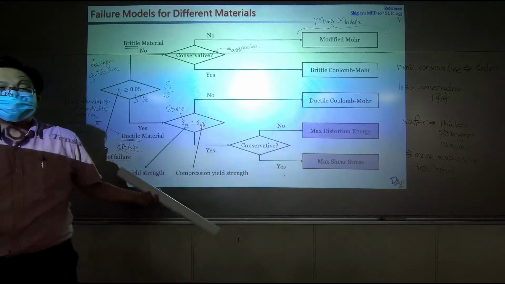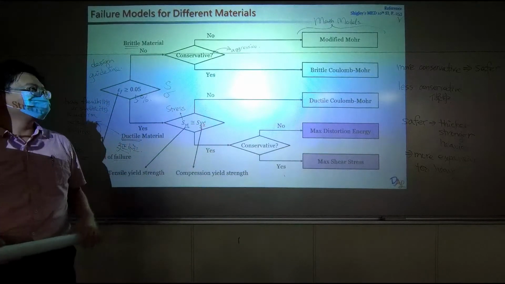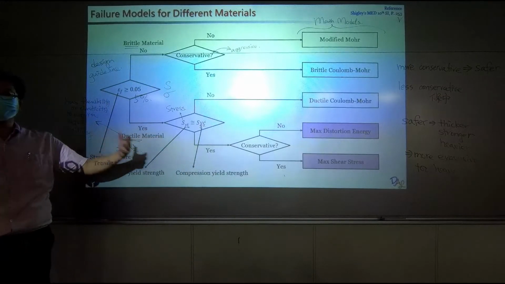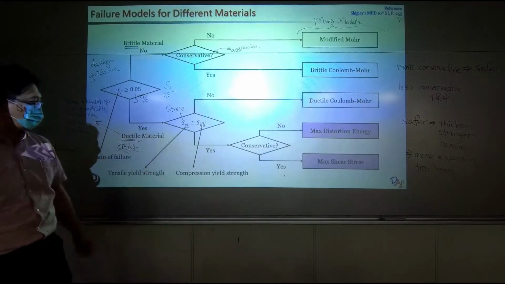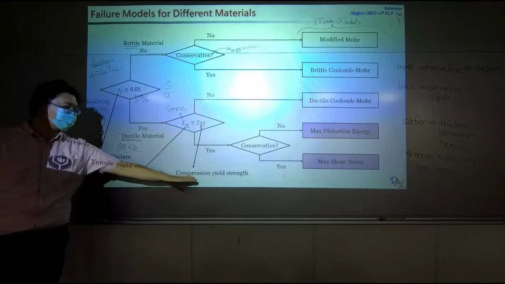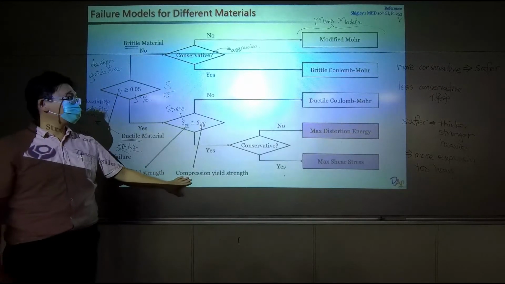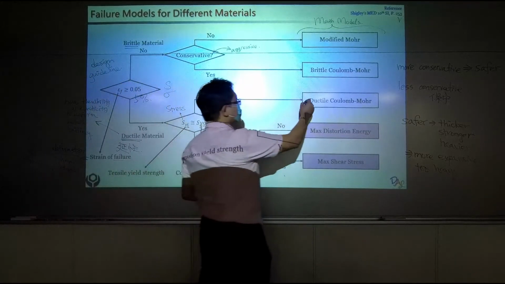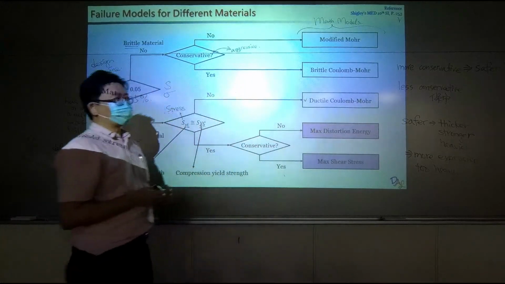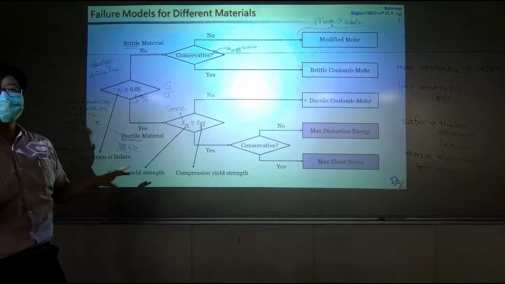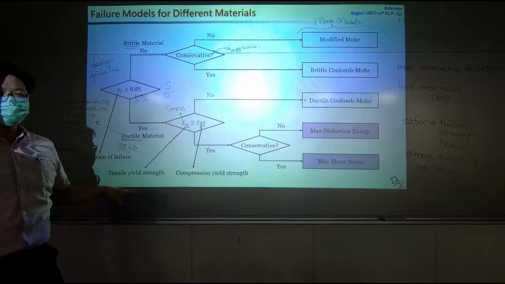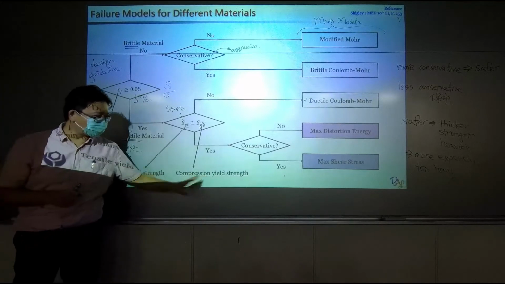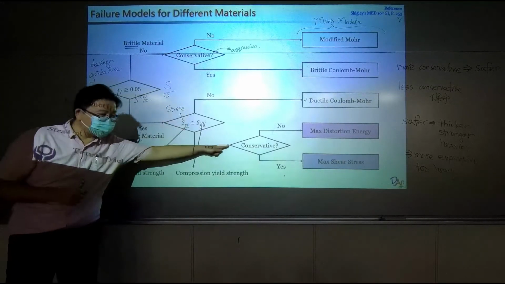It's troublesome for teaching. So you need to know, when you see a special case where a material has different strength for tensile and compression, you need to use a different model. But for us, we assume all the materials we consider have the same tensile yielding strength and compression yielding strength, so we can go this way.